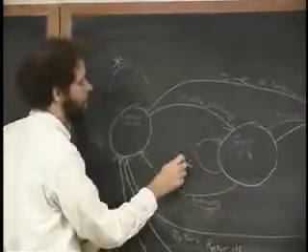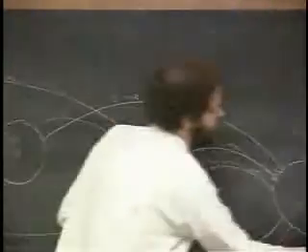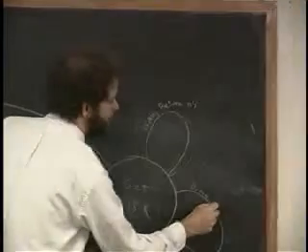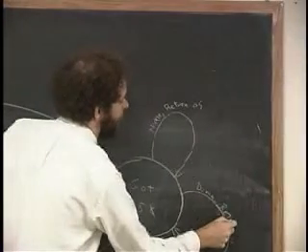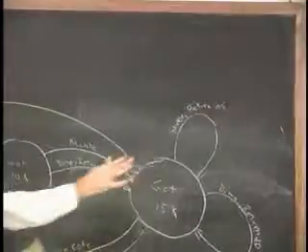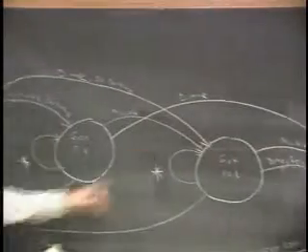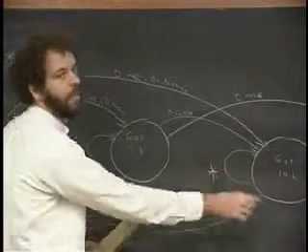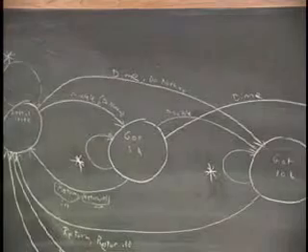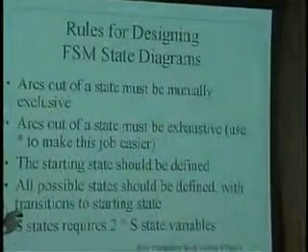This is very common, that you want to sort of do nothing and stay in the, oh, except these, I can't do that, right, because I'm actually taking an action, and the action is specific for this or for that. So I'm going to leave those be. But here I say in all other cases, just stay in the same state. And I could even write comma, do nothing, meaning none of the outputs. So we have to be exhaustive. The starting state should be defined when you first power the machine on. We did that on the left-hand side.